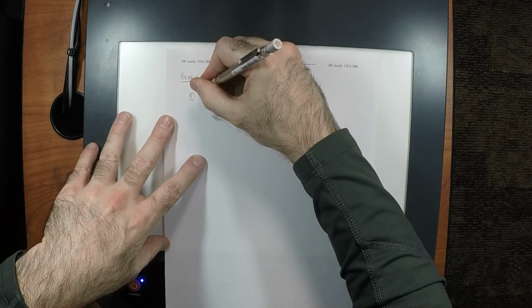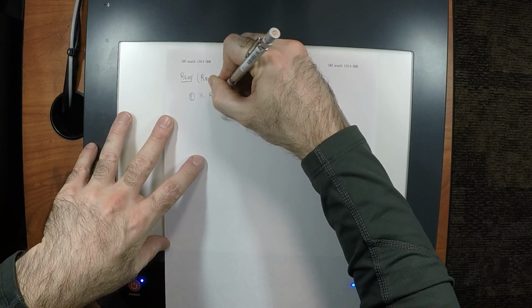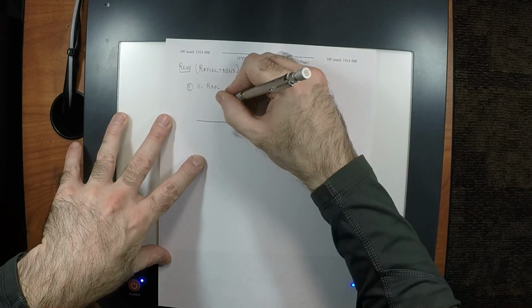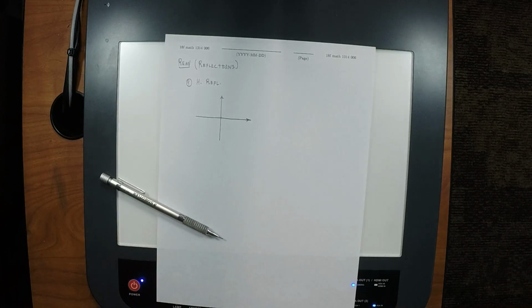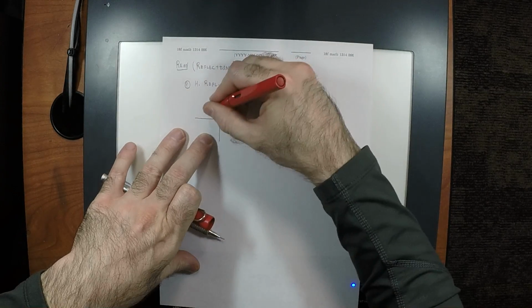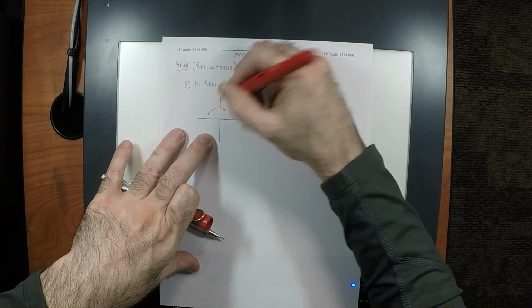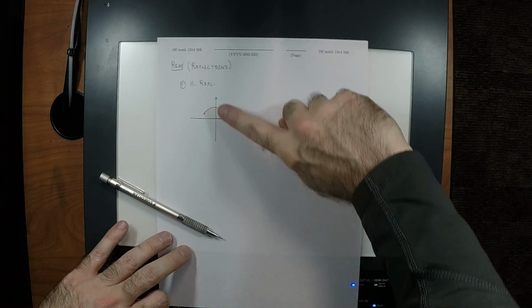Is that, we can have a horizontal reflection. So if we take a graph there, so like that one, and so imagine that we just have one side.